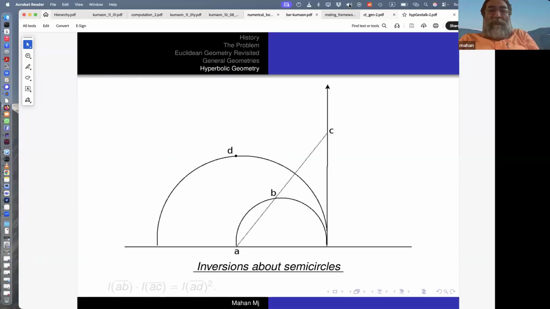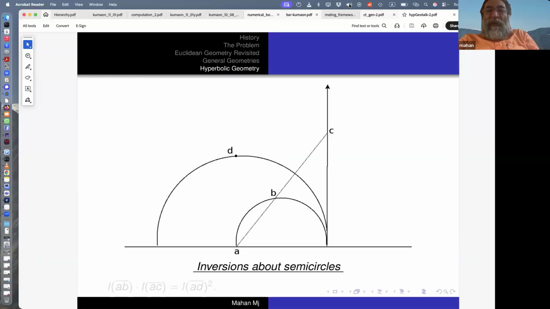So this big semicircle passing through D is the semicircle about which we are inverting this straight line, which is tangent to it through one endpoint. And I claim this is a Euclidean geometry exercise.